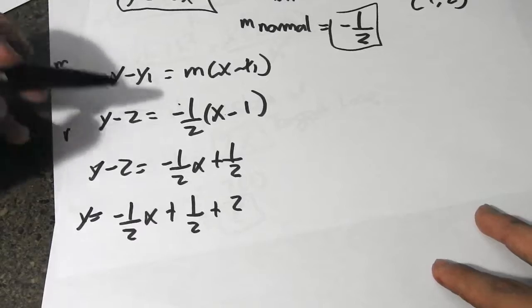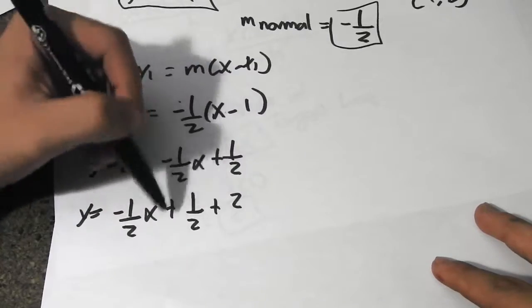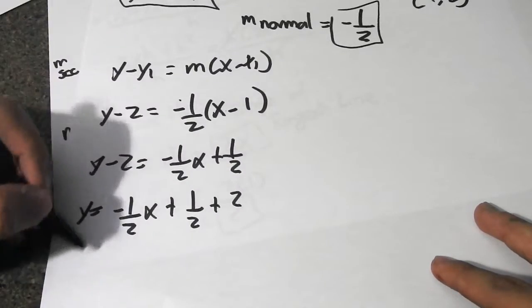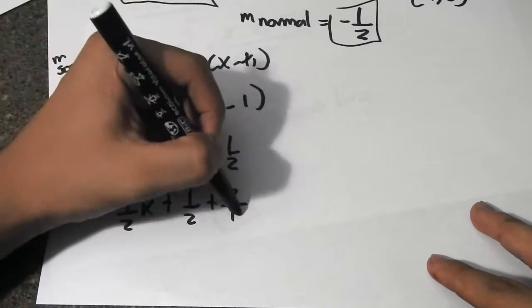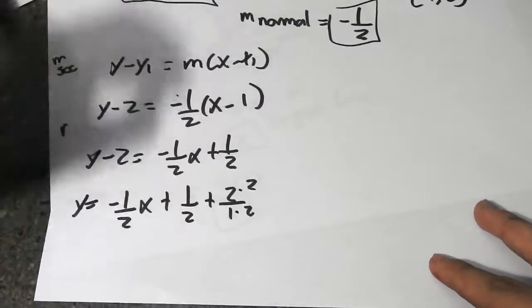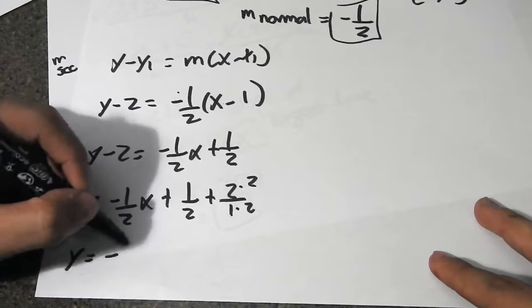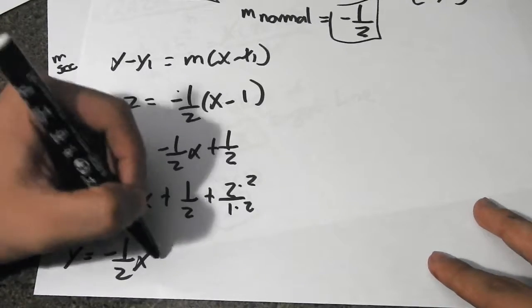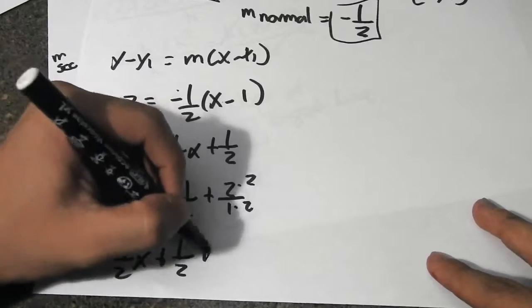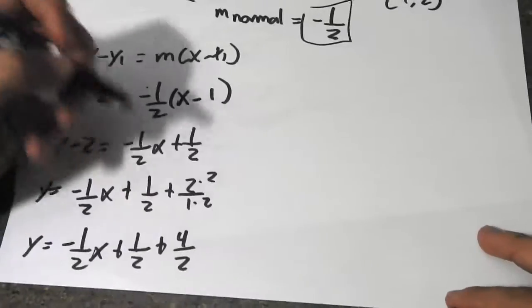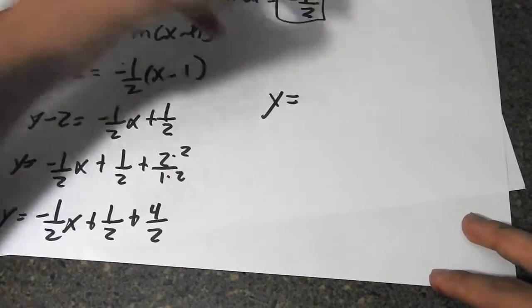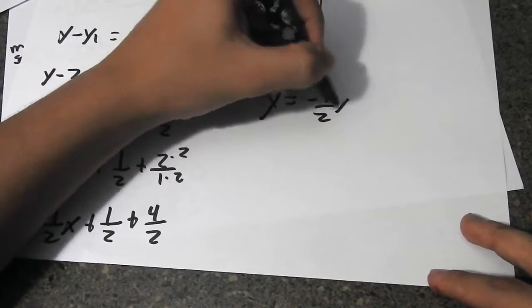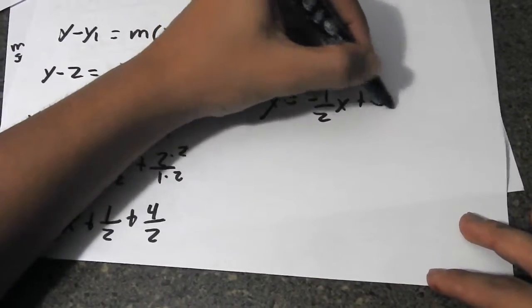So now we have to add this. The way we do this is we have an invisible 1 here times 2, times 2: negative 1 half x plus 1 half plus 4 over 2. So our final equation of the normal line is going to be negative 1 half x plus 5 over 2.